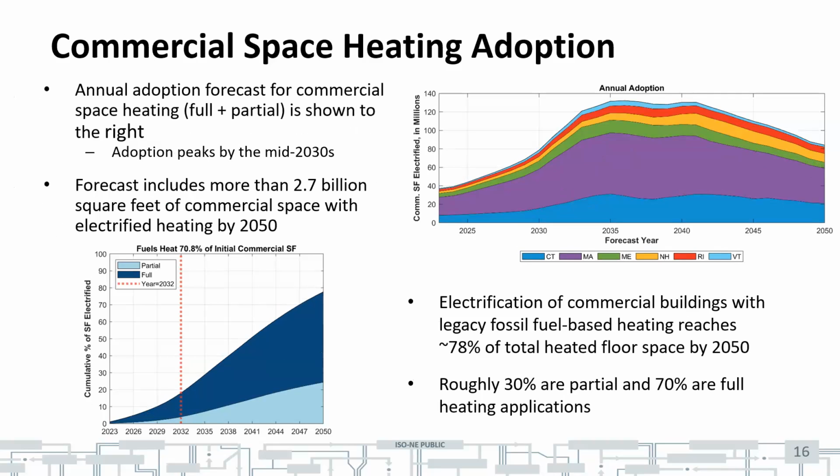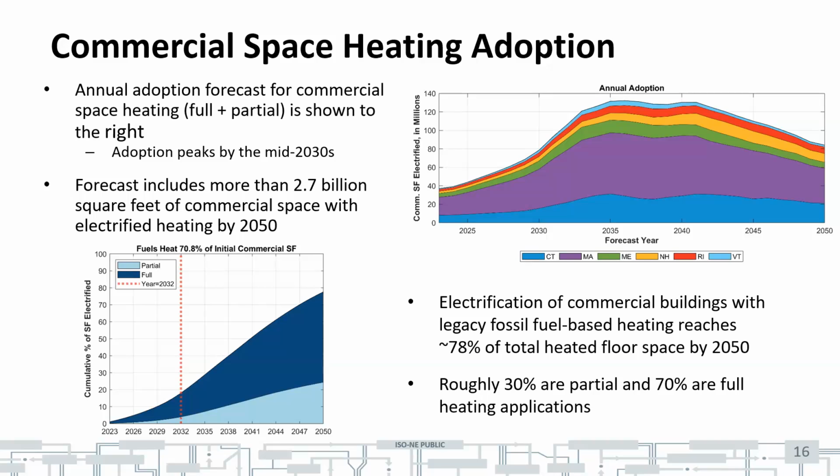In commercial space heating, the story is a bit similar, although there's maybe a greater preponderance of full heating applications. I think that's attributed to the rooftop unit technology, as well as the assumption that in the commercial space, adoption is a business decision, the business case has been made, and so there's maybe more likelihood that they're going to replace their whole heating system.